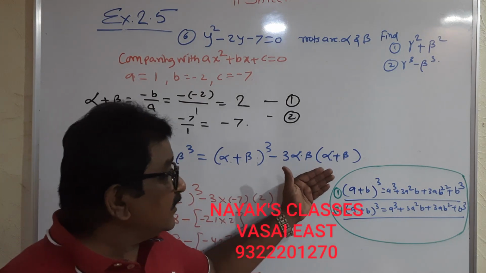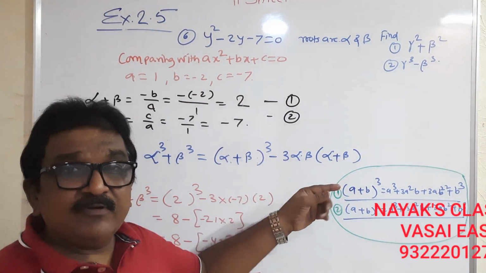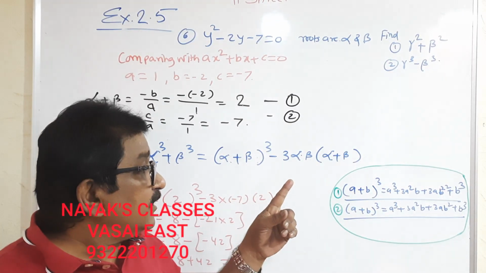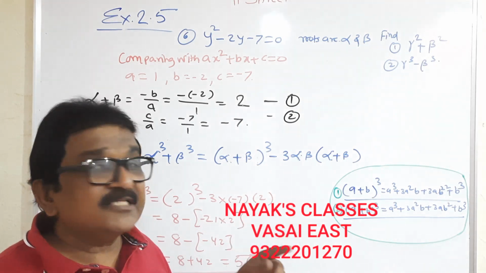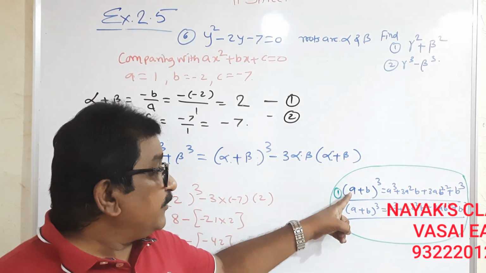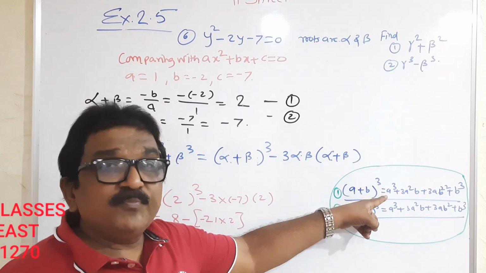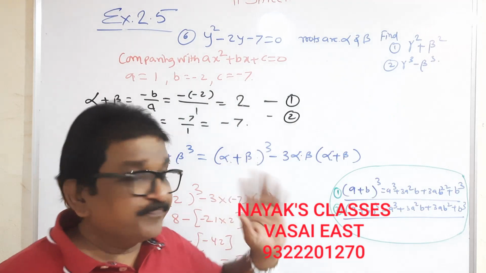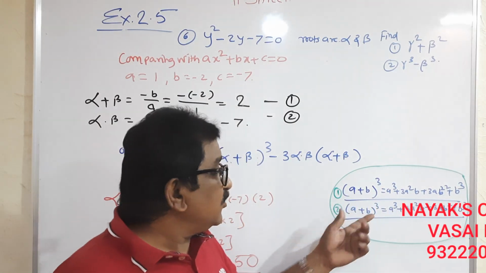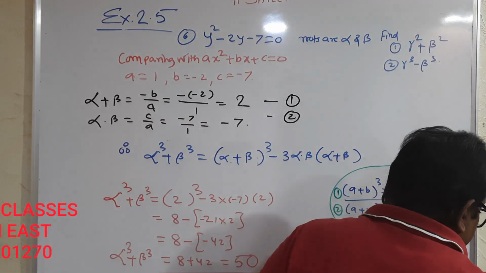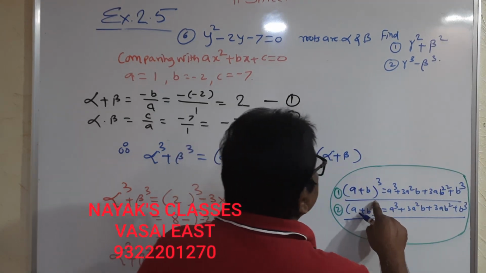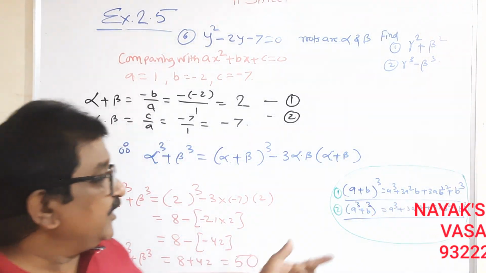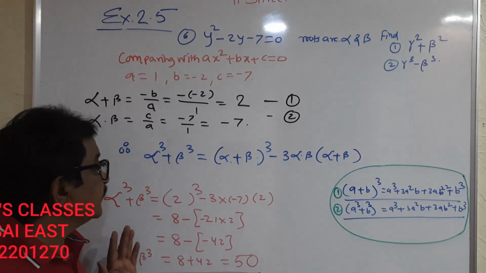Similarly, I have written here a plus b the whole cube is equal to a cube plus 3a square b plus 3ab square plus b cube. And the value of a plus b the whole cube, nothing but this is a cube plus b cube.